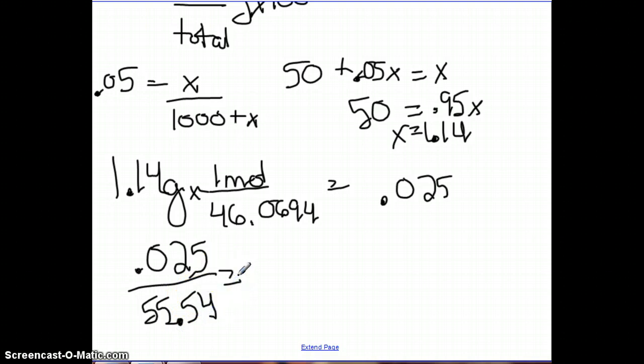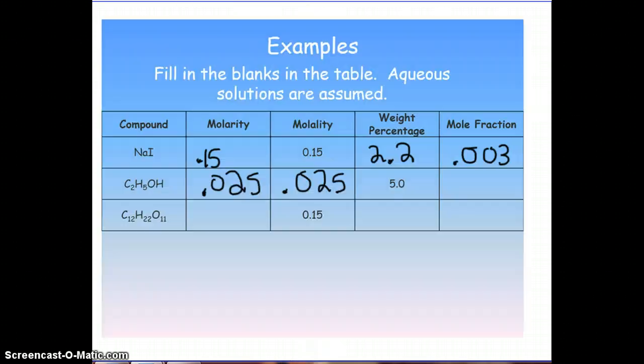So 0.025 divided by 55.54, and we get 4.5 times 10 to the negative fourth. So let's go add that to our chart back over here.